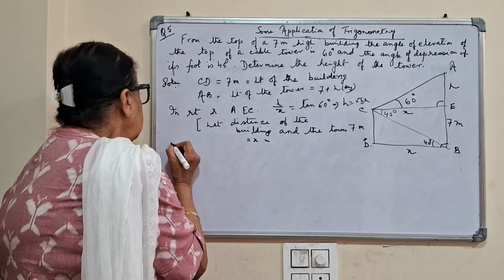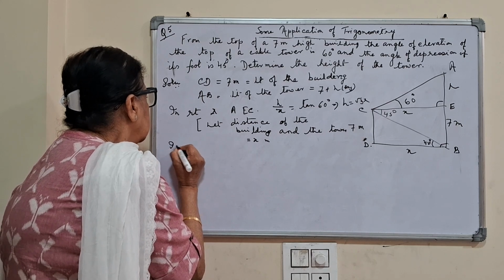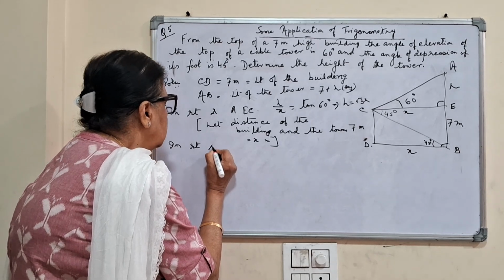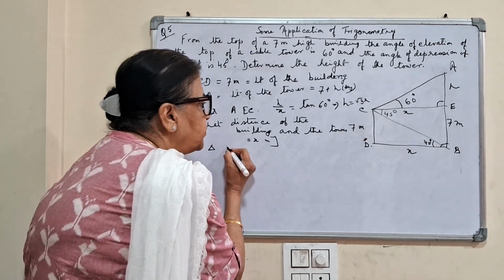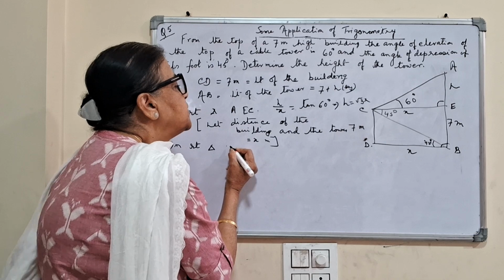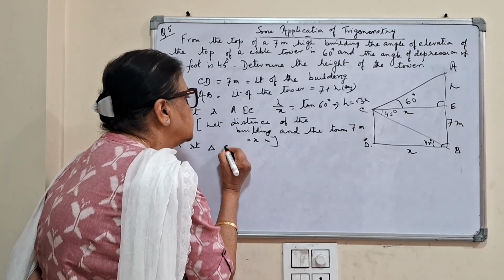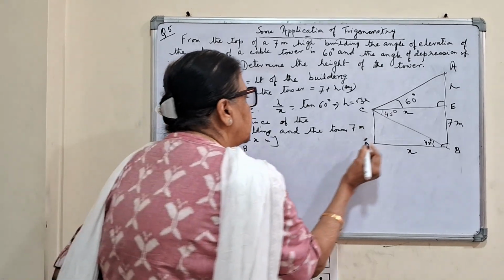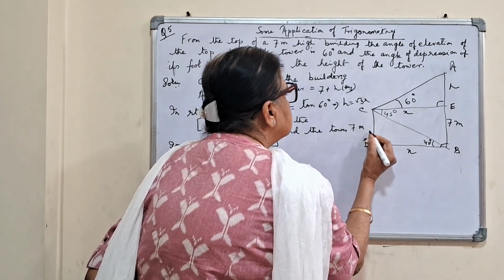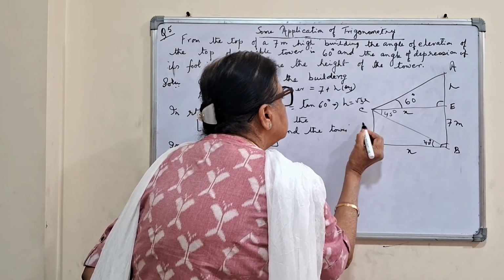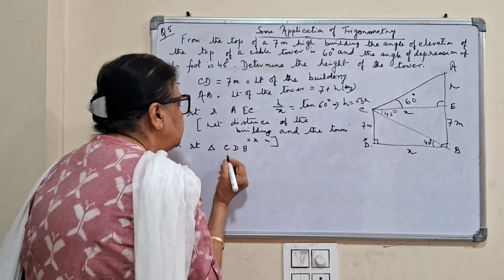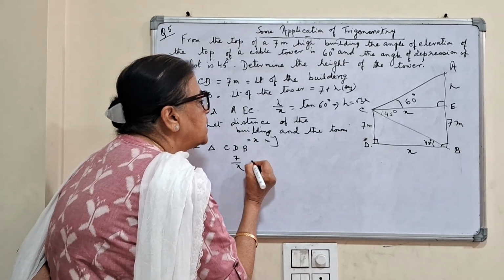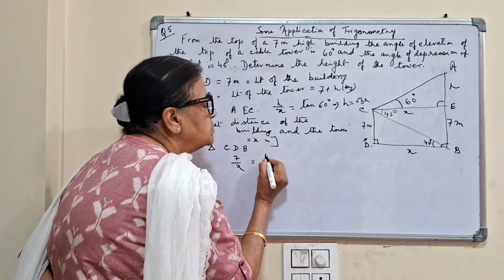Again, in right triangle CDB, this is also 7 meters. 7 upon x is equal to tan 45.